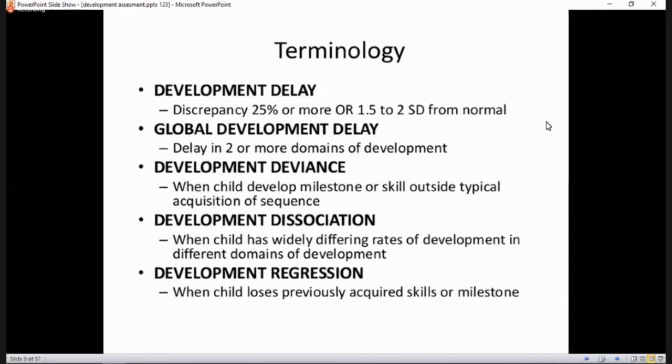Suppose the child is able to walk and talk, but suddenly, due to any insult like infection or tumor, his brain is affected, and now he is unable to walk and unable to speak. So this is development regression. If you have any questions, you can always write and I will try to answer them.